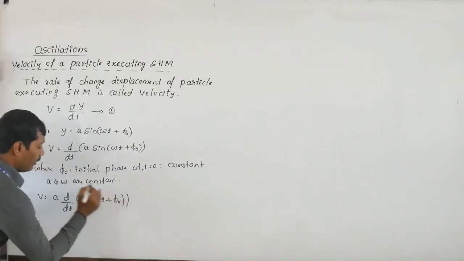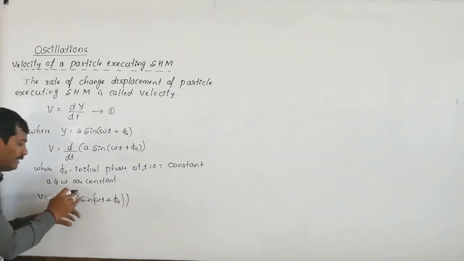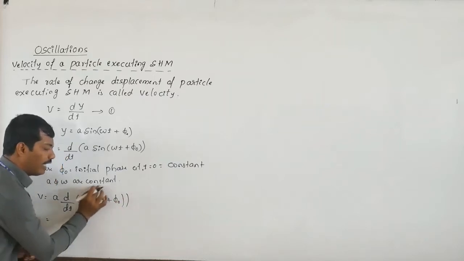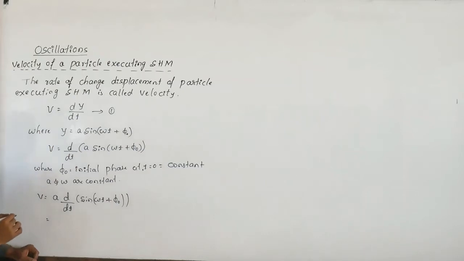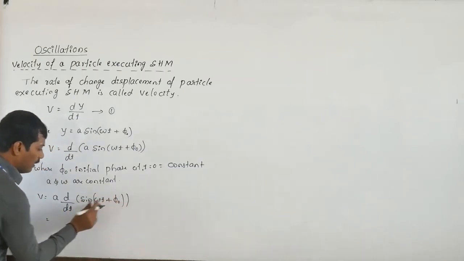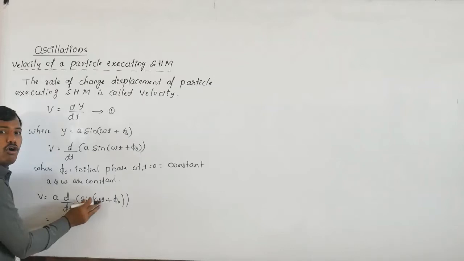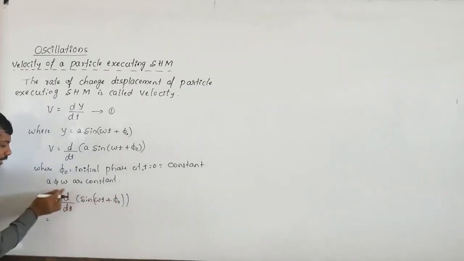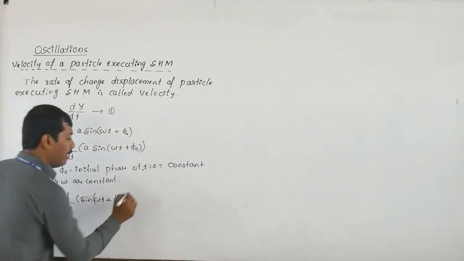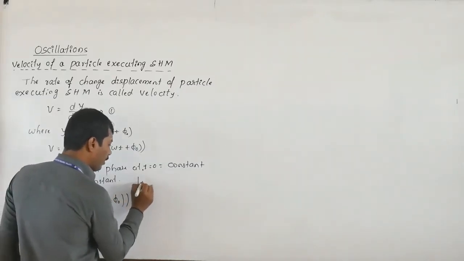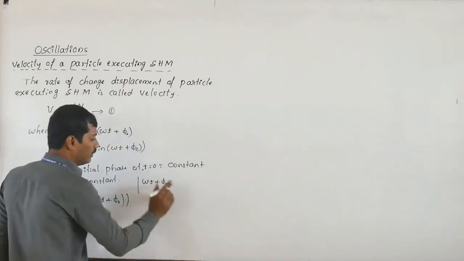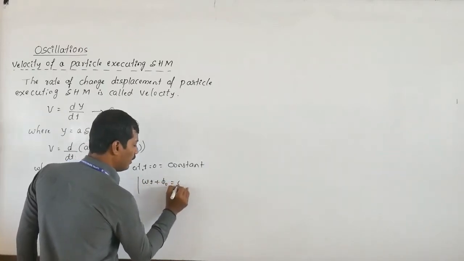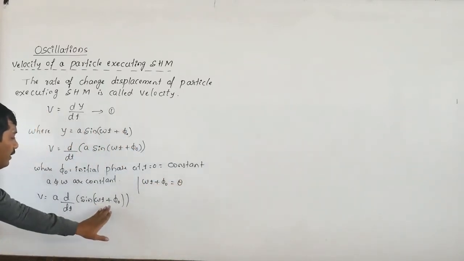The next part is the differentiation of this. Omega t plus phi naught is a theta here, an angle, so this is sine of theta.